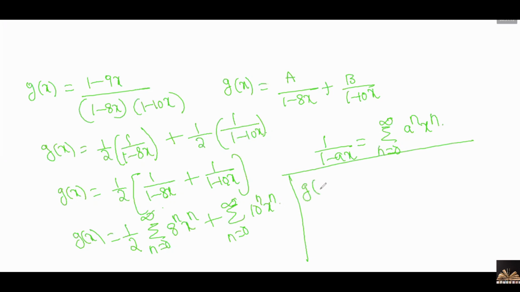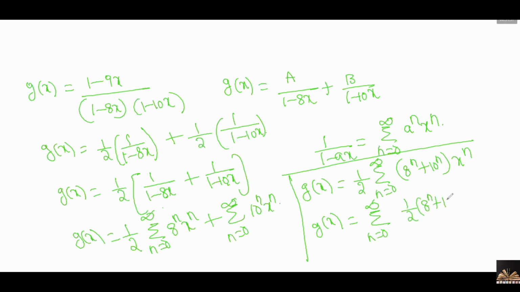Now it is g of x is equal to 1 by 2 into summation of n is equal to 0 to infinity 8 power n plus 10 power n into x power n, and it is summation of n is equal to 0 to infinity 1 by 2 into 8 power n plus 10 power n into x power n.